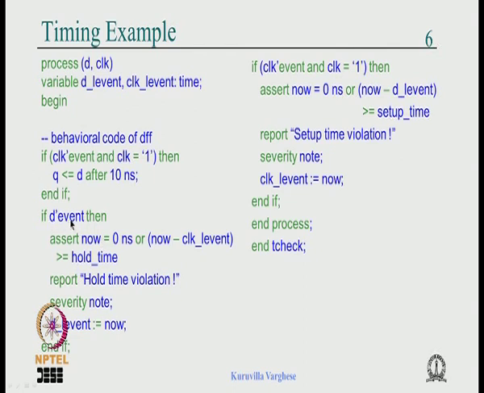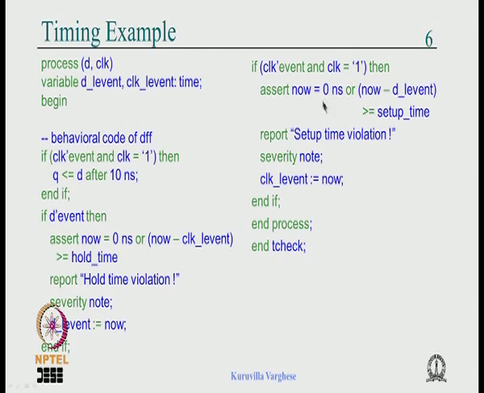If there is an event on D, assert the true condition that the time of the event minus the clock event is greater than the hold time, and update that time. And if there is a positive clock edge, assert that the time between that time and the last event on D is greater than or equal to the setup time, and update the clock time, and that's how it is done.